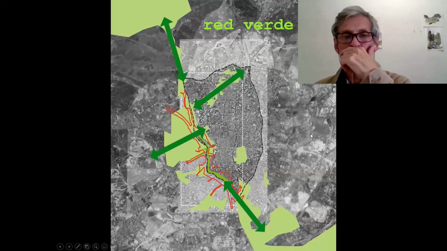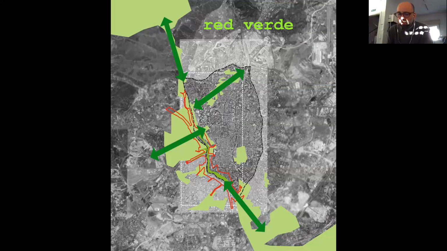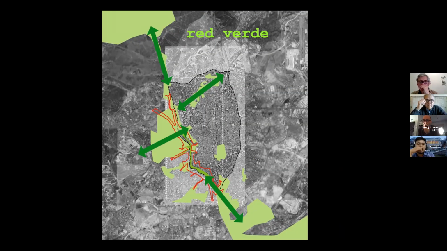In the last years, Madrid had a very poor quality of air, and after a very long discussion and the pressure of the European Economic Community, it was decided to take the cars out of the city, not to let the cars get in the city.